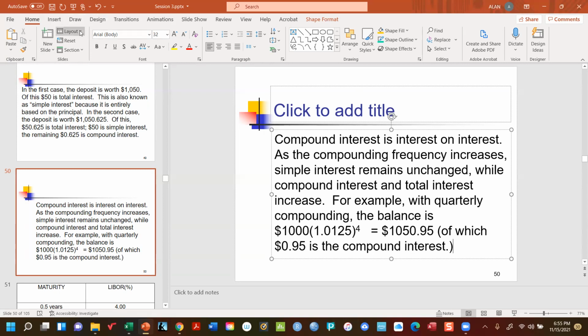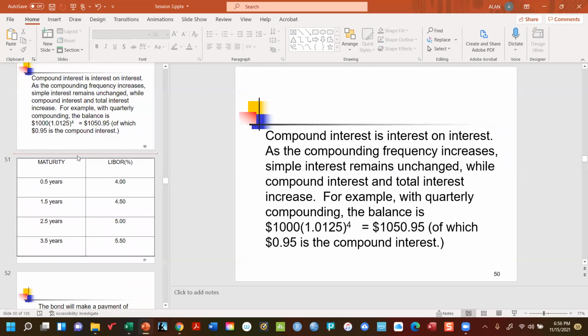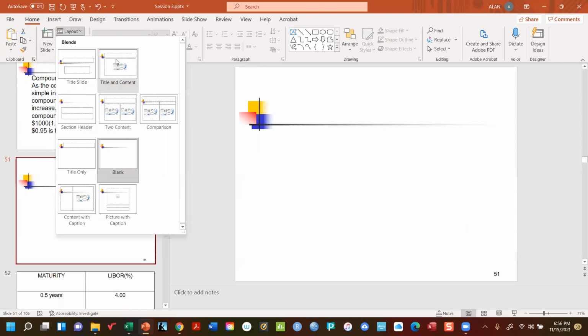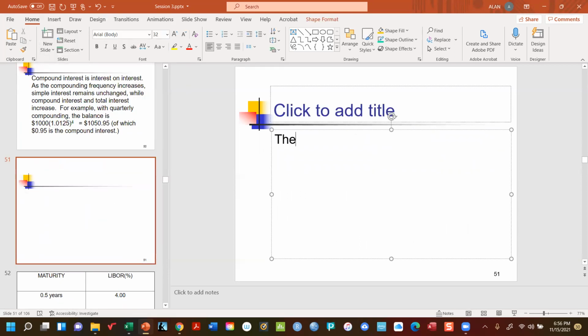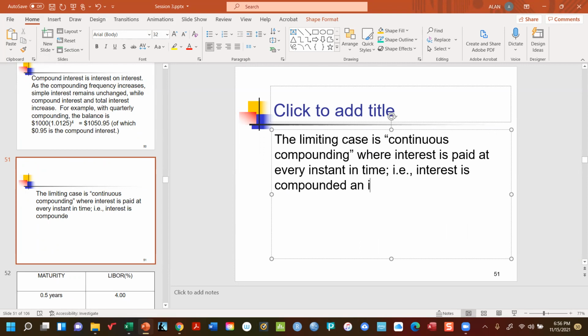So what is this leading up to? Well, in the limit of this process, continuous compounding, where interest is paid at every instant in time. In other words, interest is compounded an infinite number of times during the year.